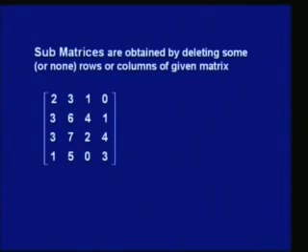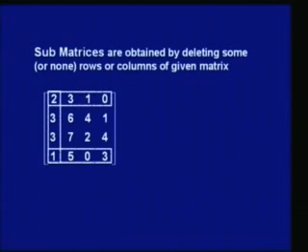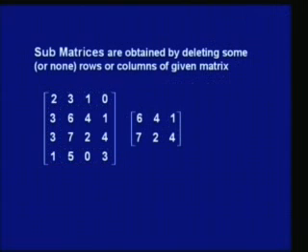If I delete the first row and last row together with the first column, then what I have is this matrix. So 6, 4, 1, 7, 2, 4 is a submatrix of this matrix obtained by deleting the first and last row and first column.